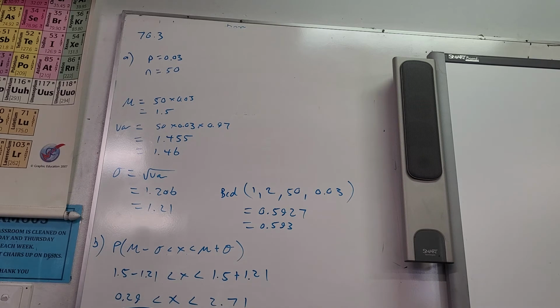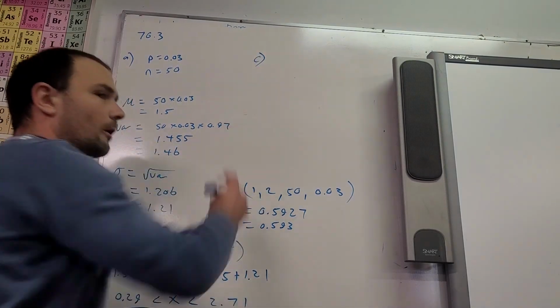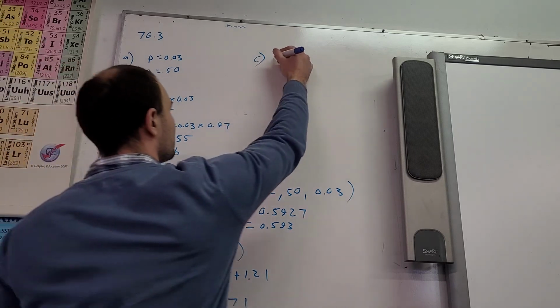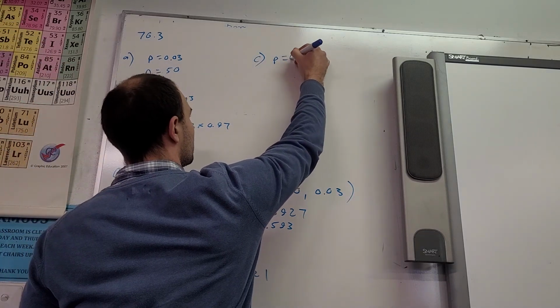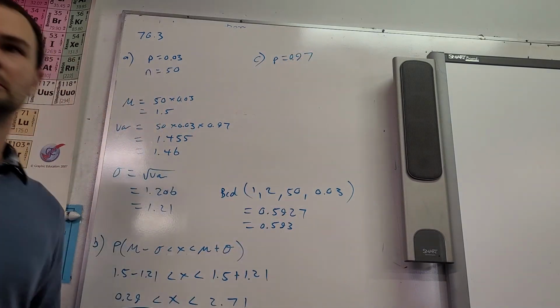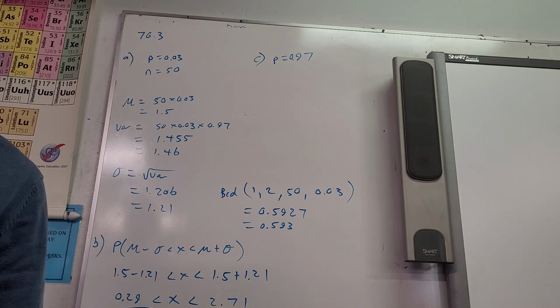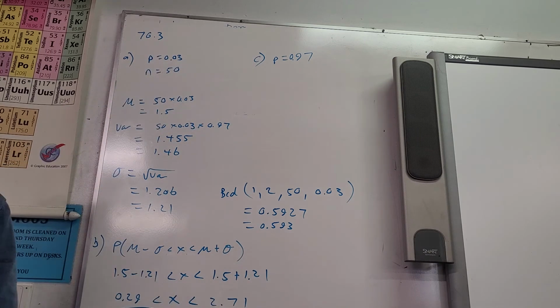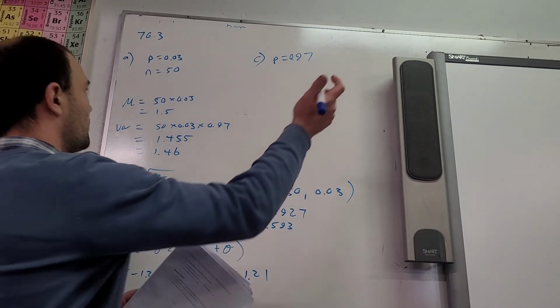Okay, part C, find the mean, standard deviation and variance of non-defective matches. Okay, so if it's non-defective, that means we've got 0.97. 97% of matches are non-defective because 0.03 are defective. Okay, sum of all probabilities must be 1. So we need to find the mean of this.